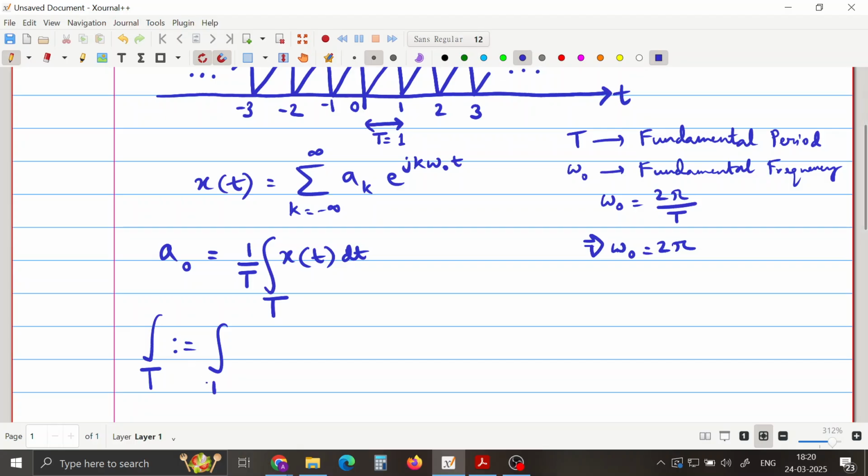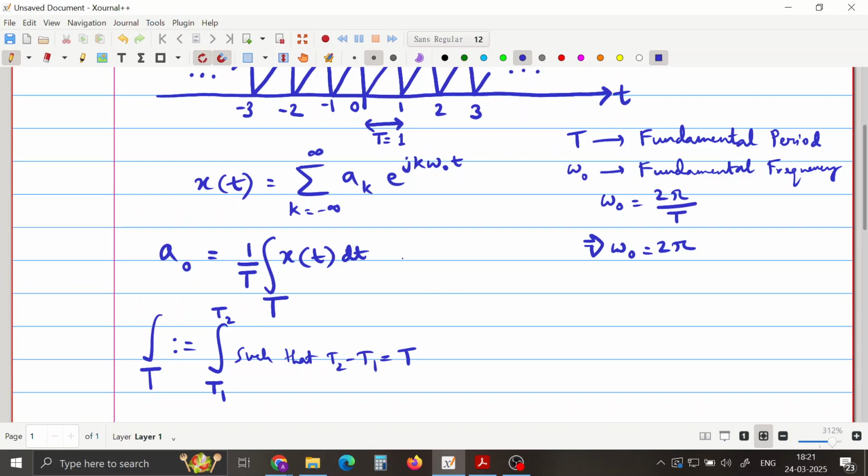Okay, so this could be any integral from t1 to t2 such that the difference between the limits is capital T. So you can either integrate from 0 to capital T, or from minus capital T by 2 to plus capital T by 2, and so on. As long as the difference is capital T, you're fine.